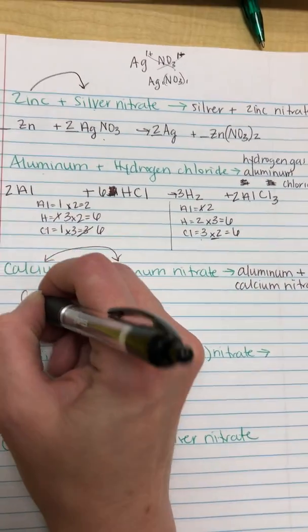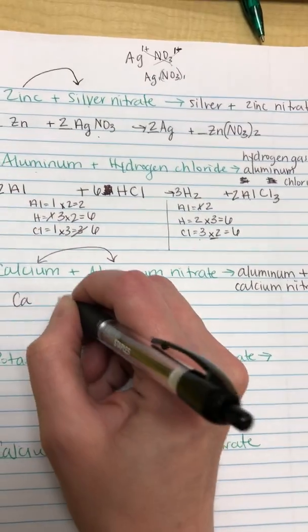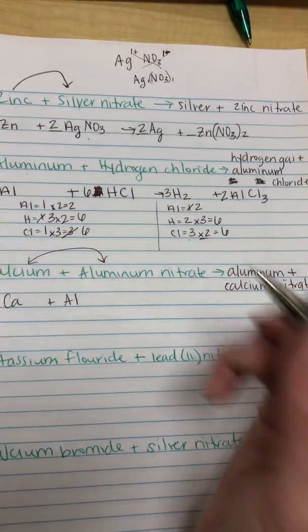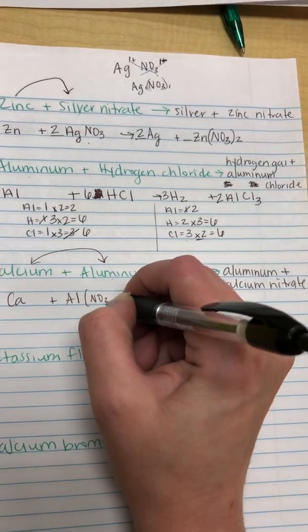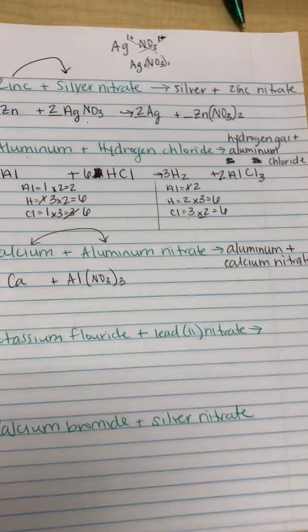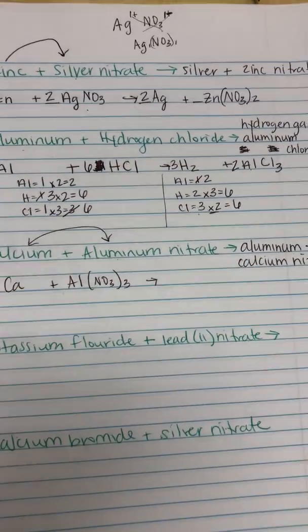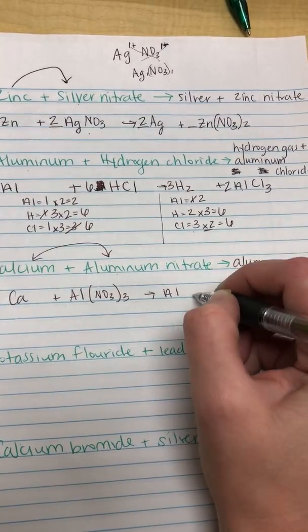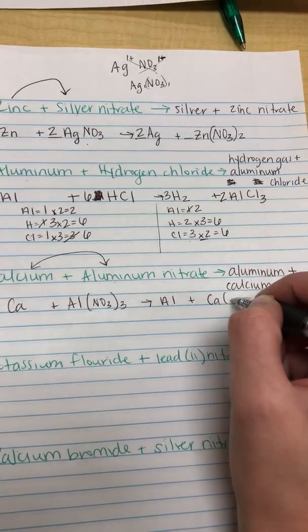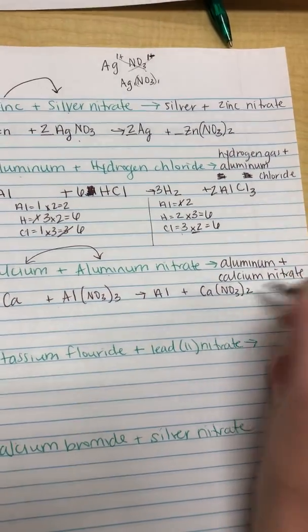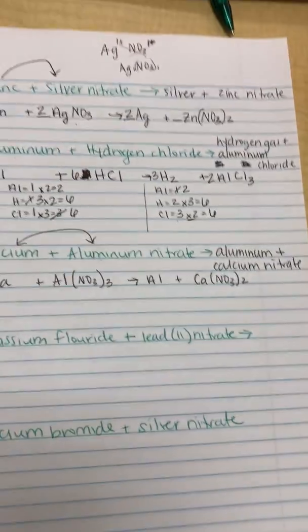So for my equation, calcium is Ca, aluminum nitrate. Aluminum has a charge of 3+. When I swapped, I have aluminum plus calcium nitrate.